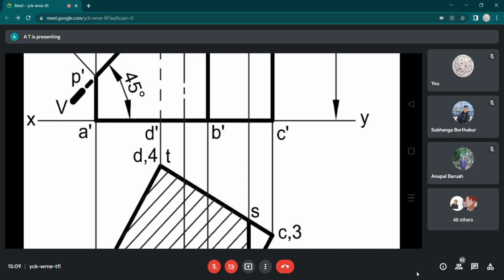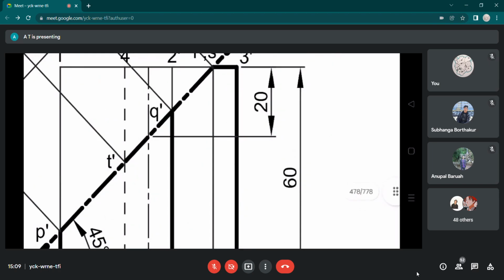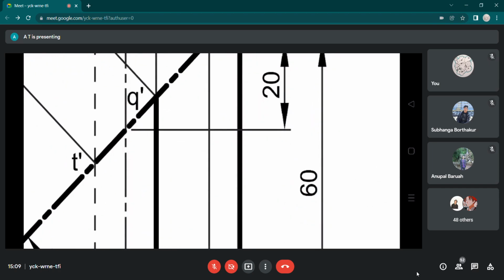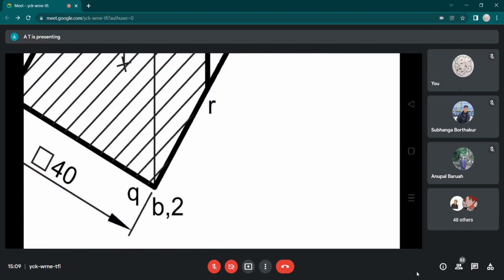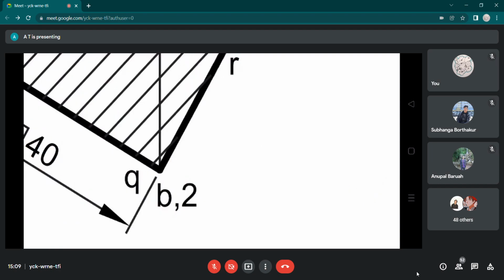Project point Q dash here. You project this point, you will get Q here, exactly where B and 2 lie.